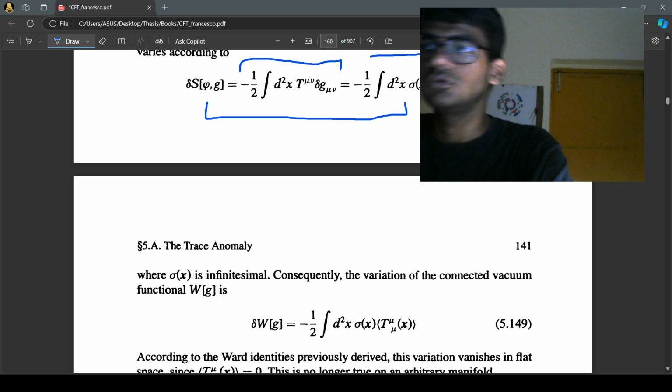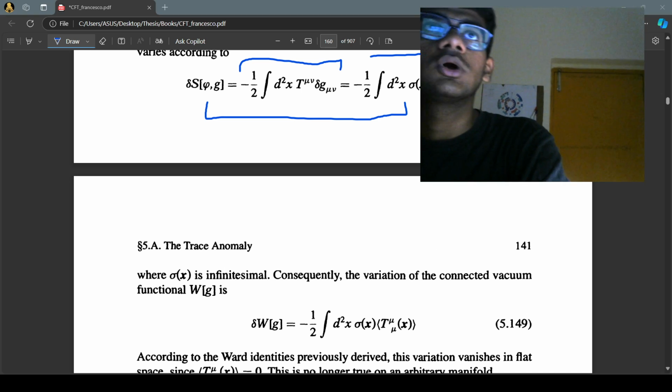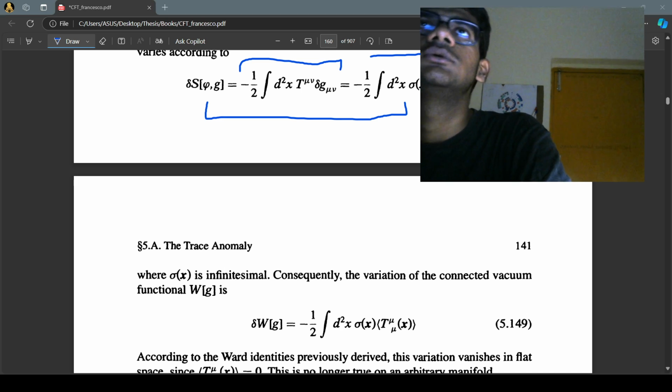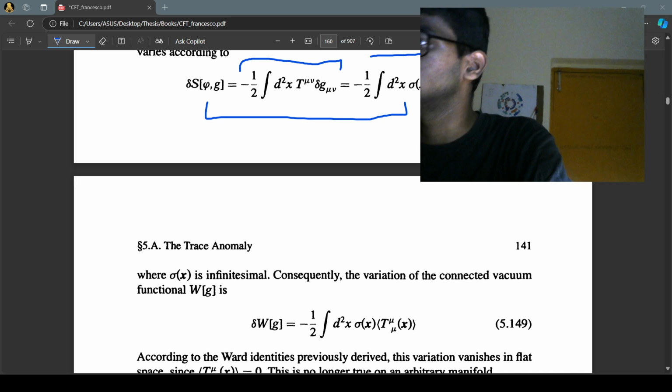Okay, I need to Google this. What is a connected vacuum functional? It's a connected vacuum functional. What the hell? Like getting some random robotic vacuum cleaner stuff.